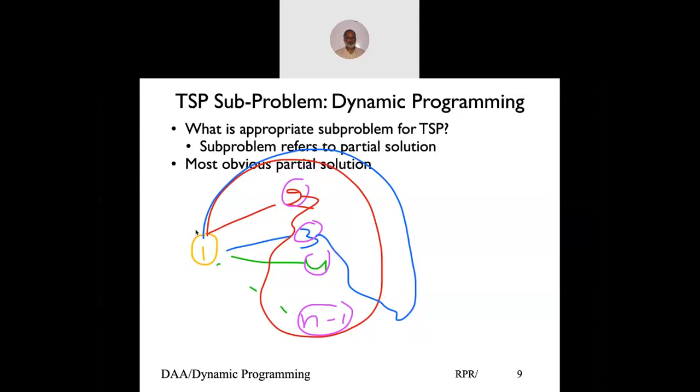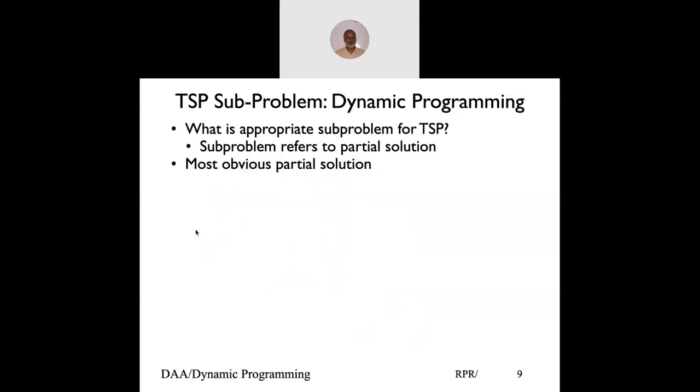So how do I build my sub-problem? Because dynamic programming involves taking a given problem, breaking it into smaller sub-problems, solving those sub-problems, and using them to build a solution. So primarily, we look at how we start.